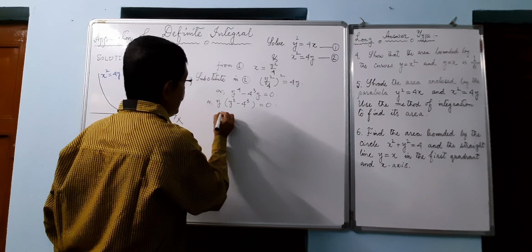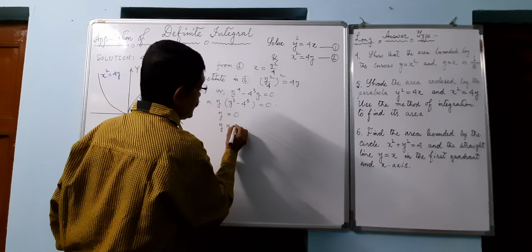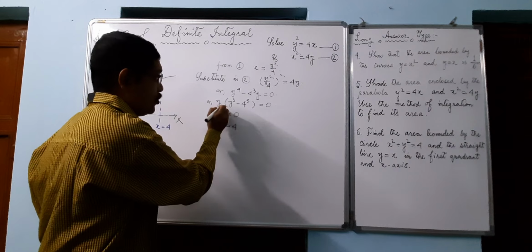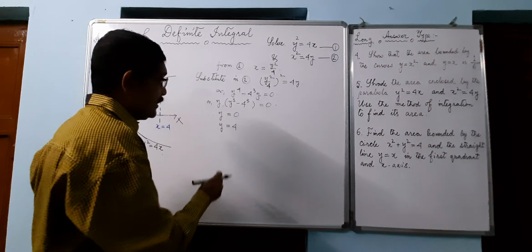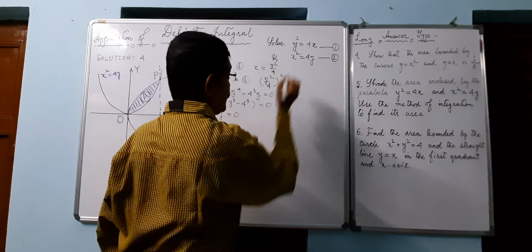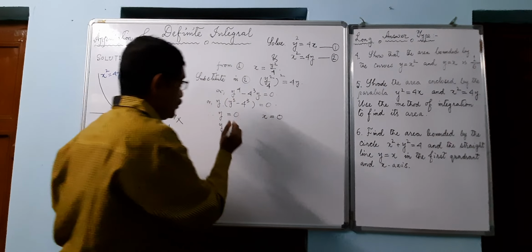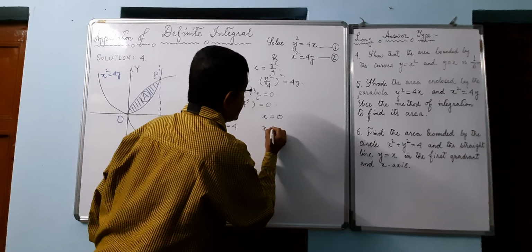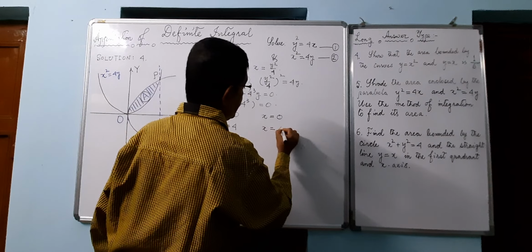Accordingly, we get y equals 0 as one solution, and the other is y equals 4. The product of the two factors is 0, so they must be separately 0. When y equals 0, x is simply 0, and when y equals 4, we get x equals 4.